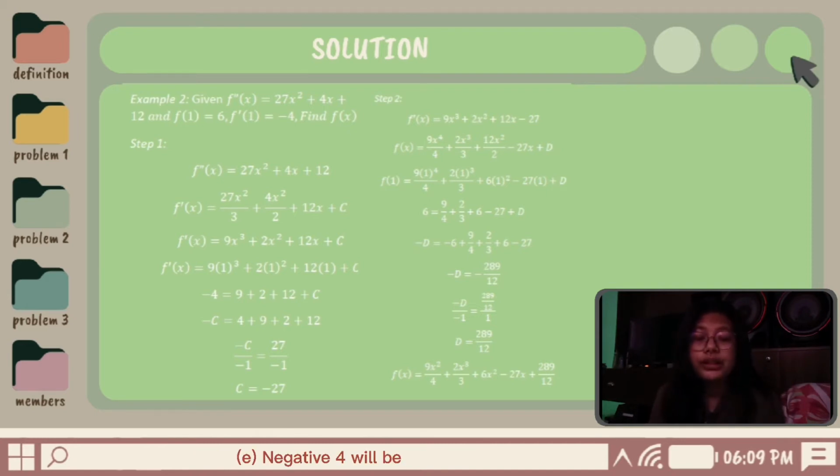Negative 4 will be equal to 9 plus 2 plus 12 plus c, since it is said that f of 1 is equal to negative 4. Transpose the values. Negative c is equal to 4 plus 9 plus 2 plus 12. Negative c will be equal to 27. Multiply both sides by negative 1 to remove the negative sign on the variable c.